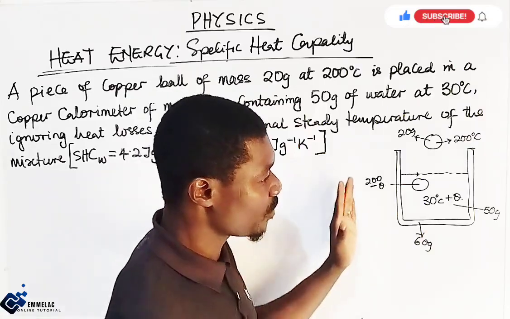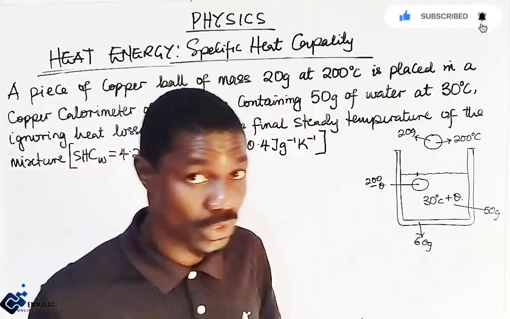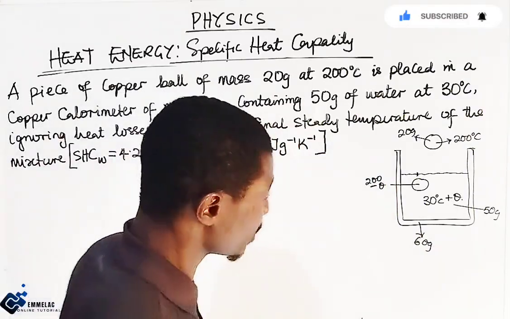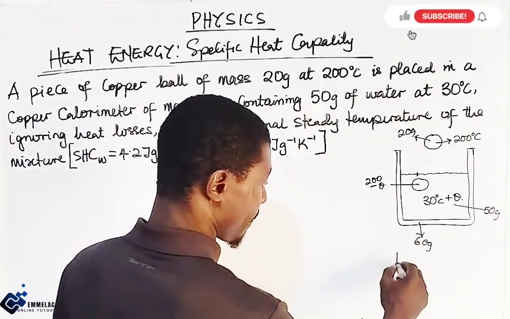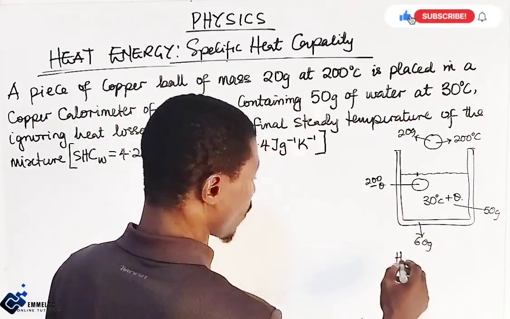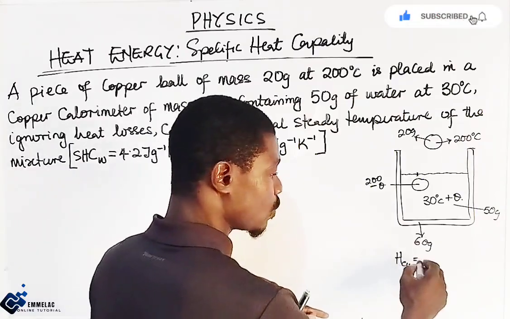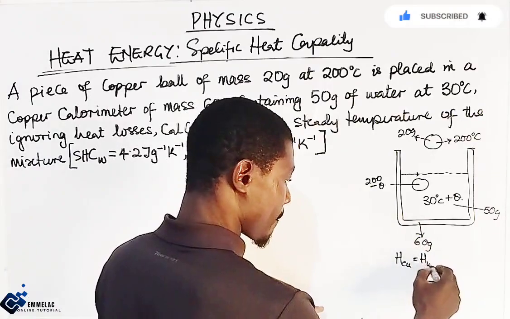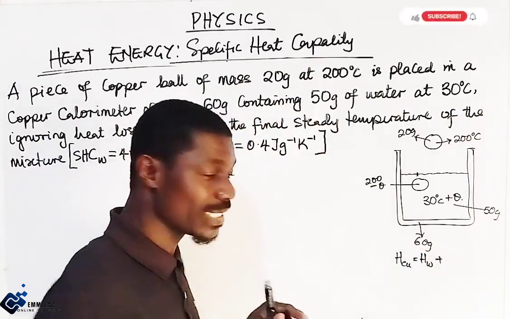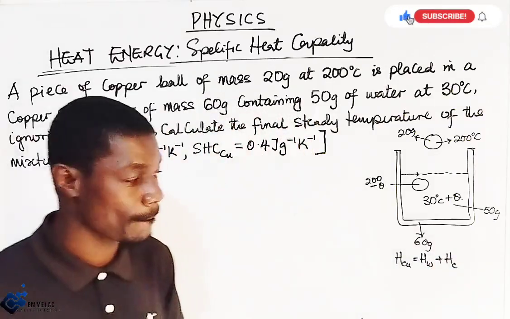Now if we understand this, this question is then solved. Take note that the heat lost by the copper ball equals the heat gained by water plus the heat gained by the calorimeter.